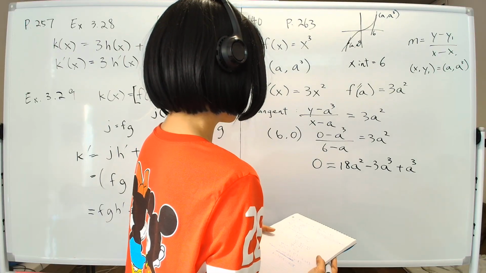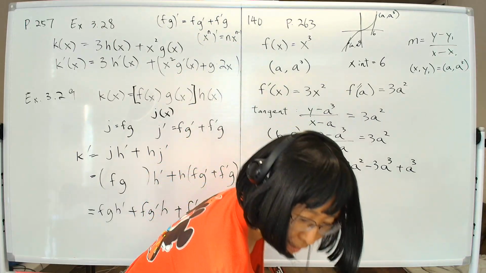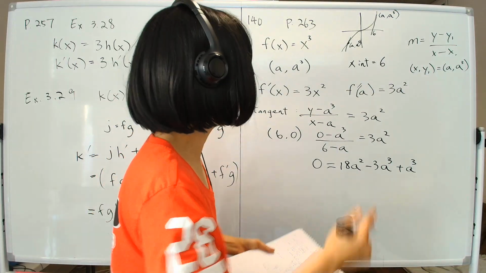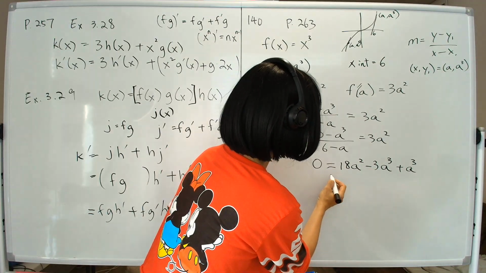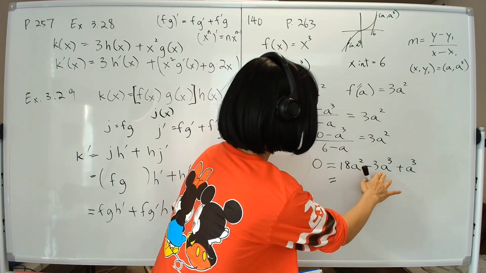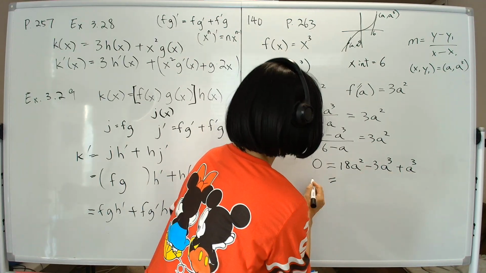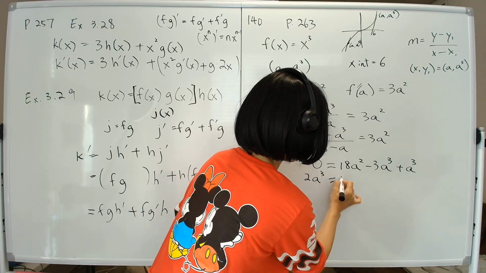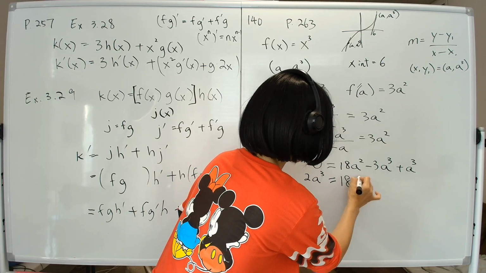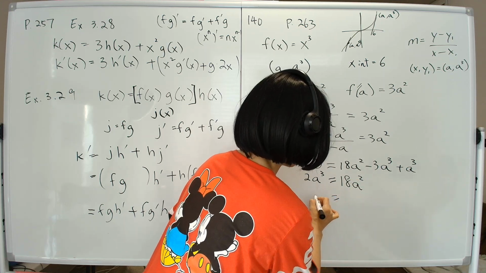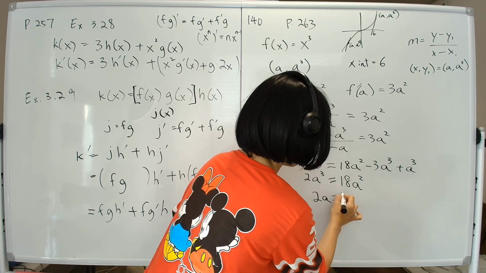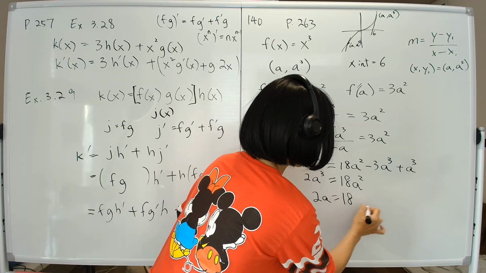I did it slightly differently earlier, but it doesn't matter. The point is, that minus 2a cubed over here becomes plus 2a cubed equals 18a squared. Let's cancel out some a's, then 2a equals 18, and then a equals 9.